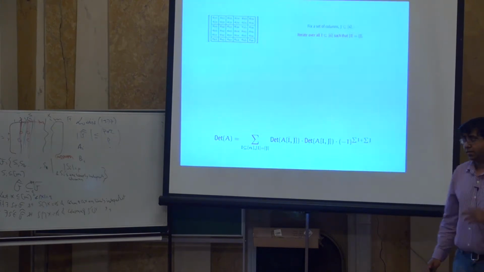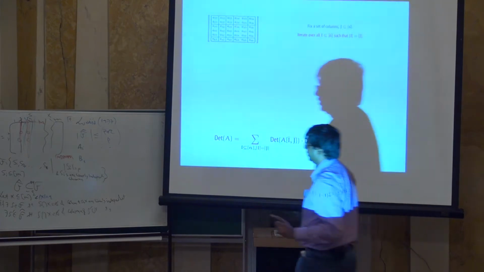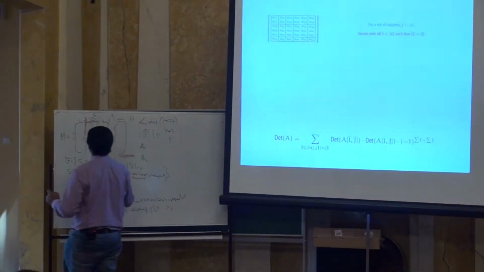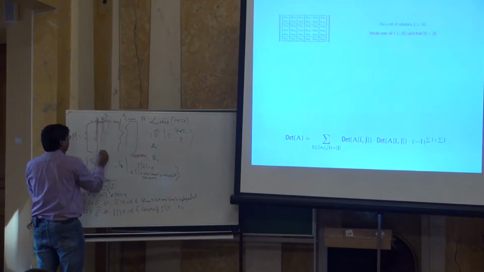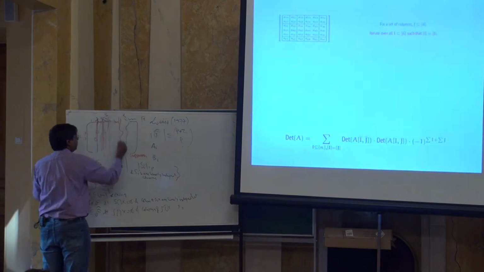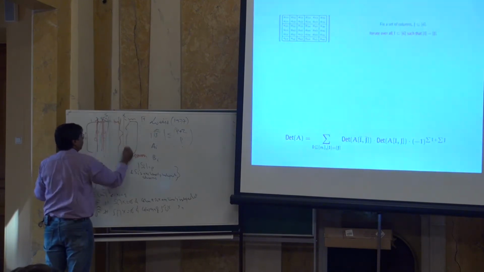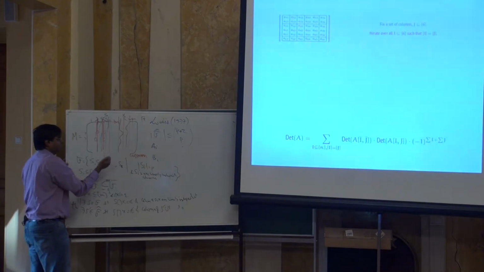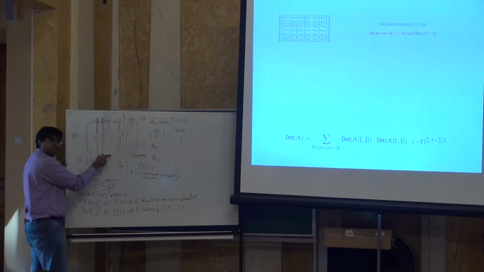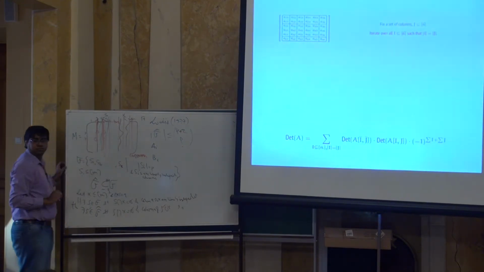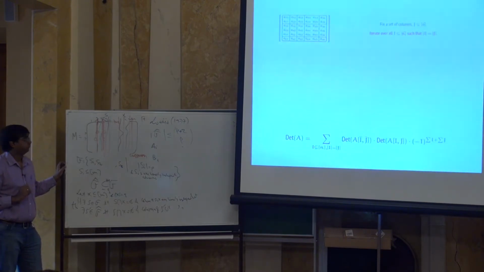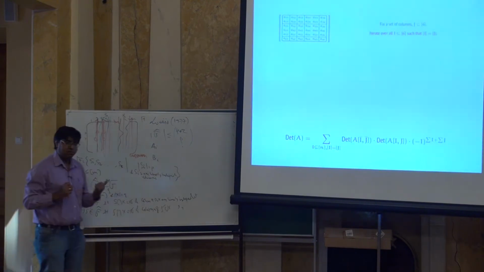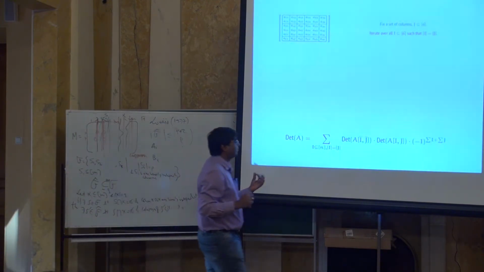You people notice that if I have a p-sized column here, and I have a q-sized column from the future, they are linearly independent if this determinant is non-zero. Agreed? Okay?